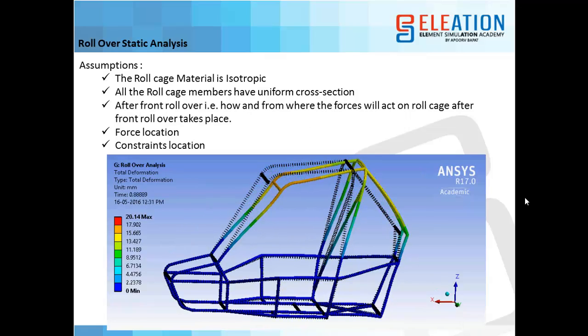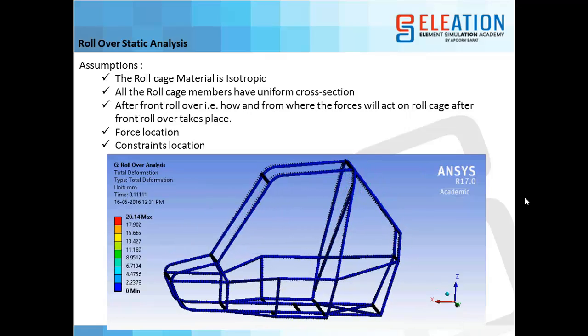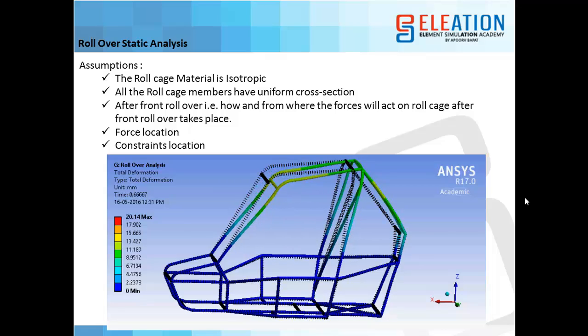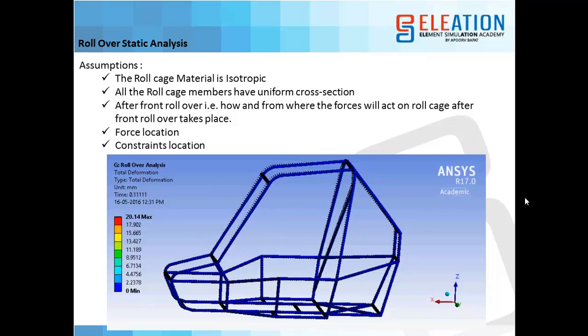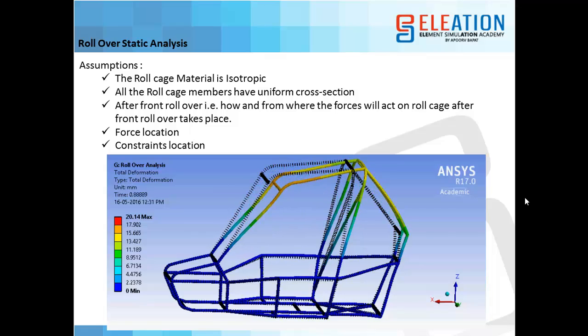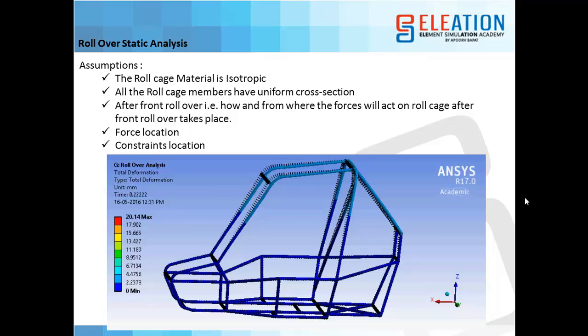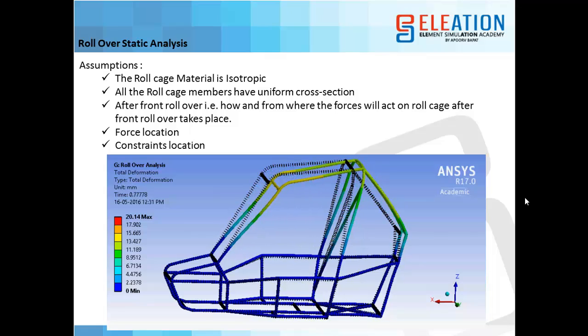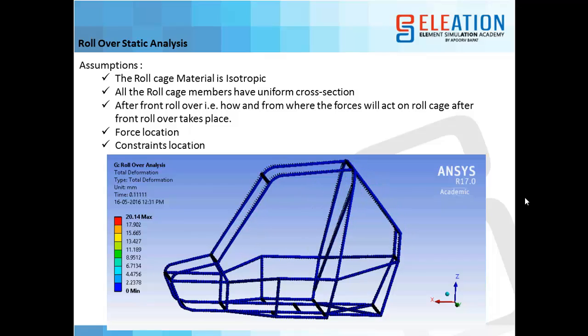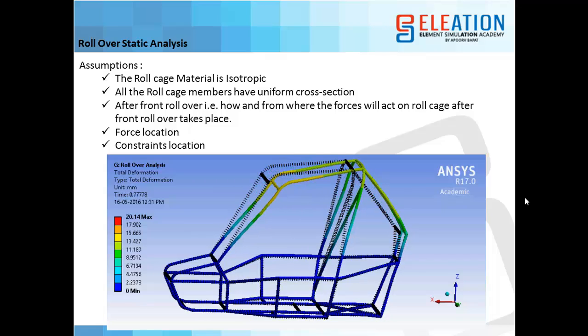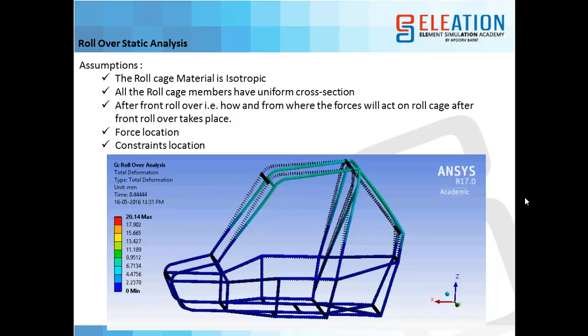Then rollover analysis, this is the condition I am considering when a front rollover happens, and then because of the forces, what are the deformations and stresses generated on the roll cage. Generally we see the deformation pattern in these types of analysis, like how much my members are deforming because of the impact or because of the forces coming on the roll cage.